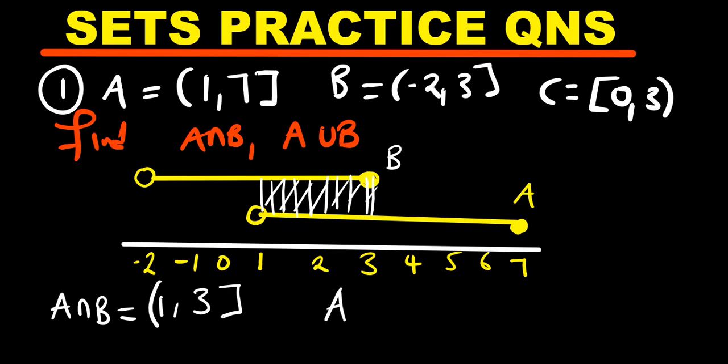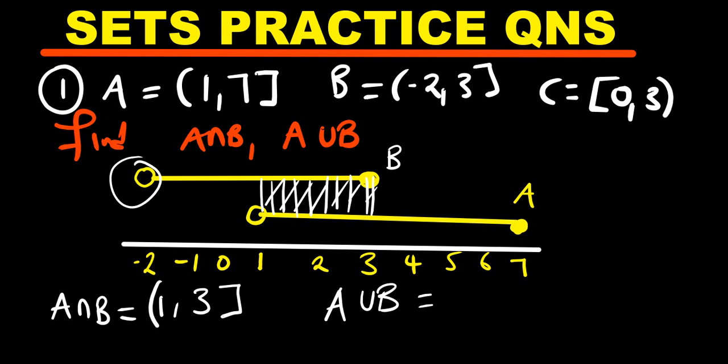Now how do you find A union B? Your A union B will just mean that you are combining A and B. Like I always said, you always start from the smallest to the largest. In terms of intervals, you are combining everything. So you're starting from this point and we're ending at that point.